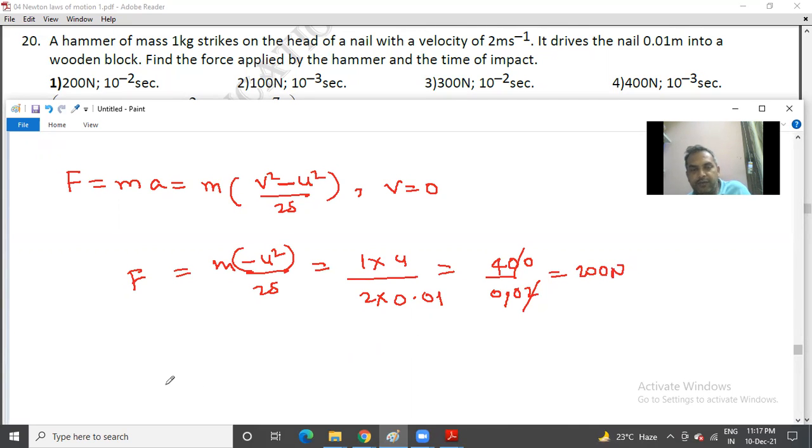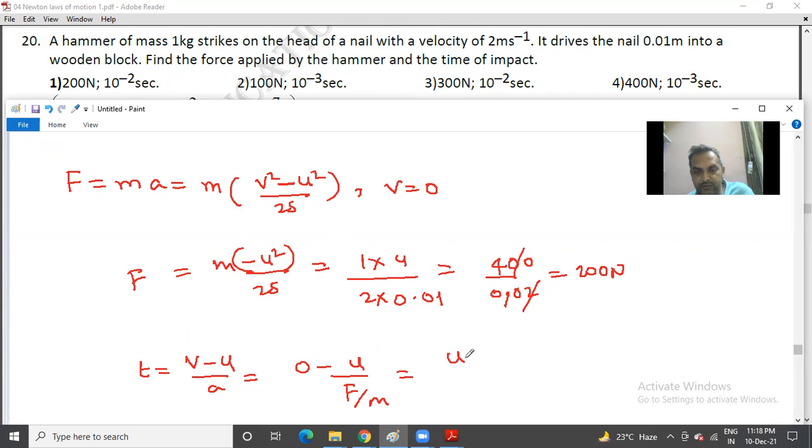We also need to find the time of impact. t is equal to v minus u by a. Once again, coming to rest means v is 0, so it is u by a, and a can be written as F by m. So m goes up.